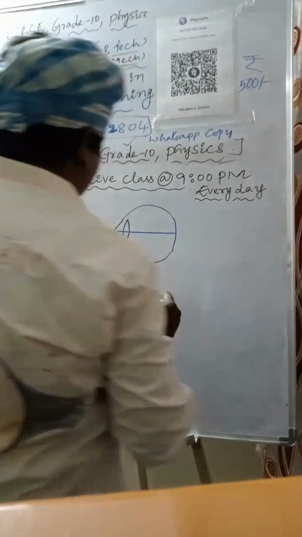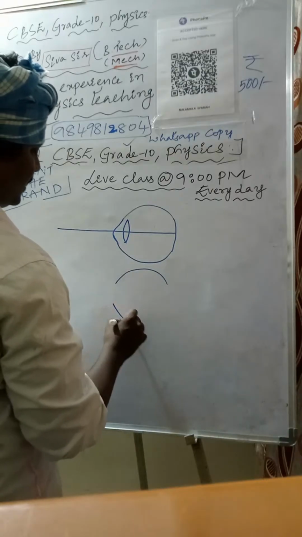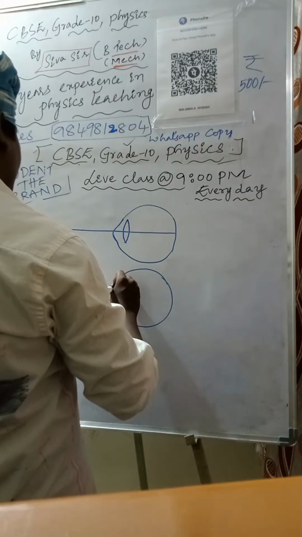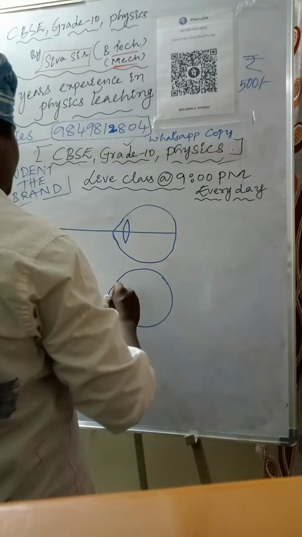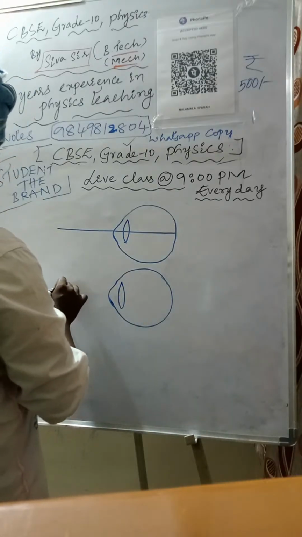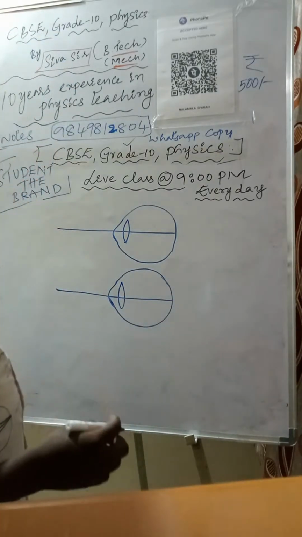Near distance we can see, far distance we can't see, myopia, myopia, myopia. What correction are we using?